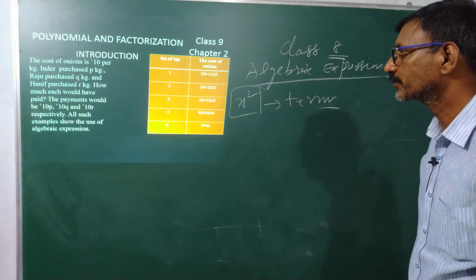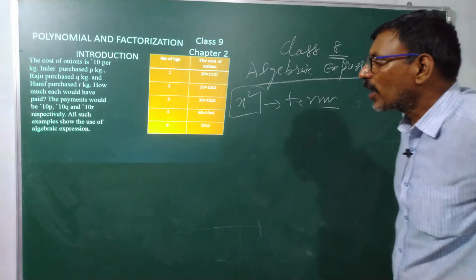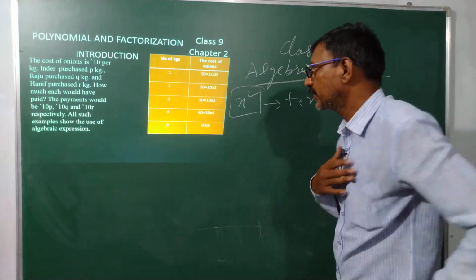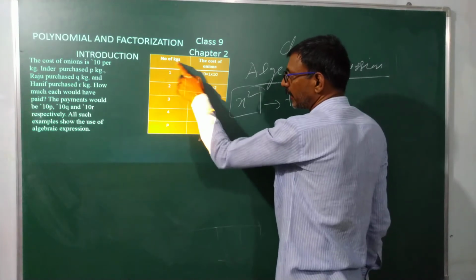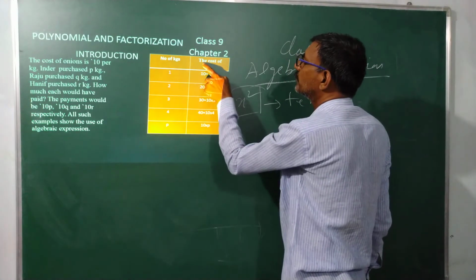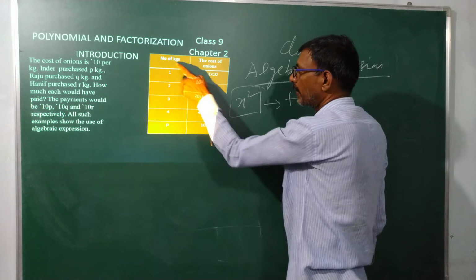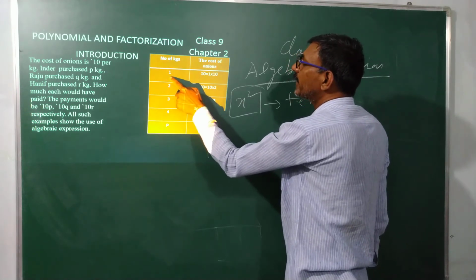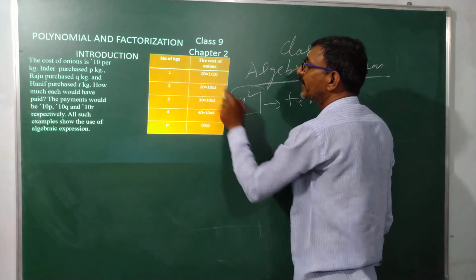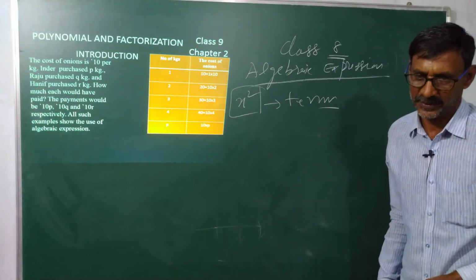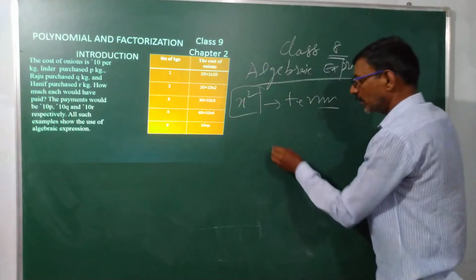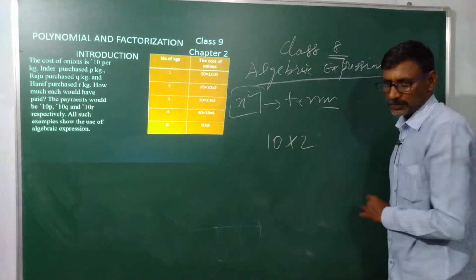See here. The cost of onions is 10 rupees per kg. See here, the number of kgs and the cost of onions. So 1 kg of onions, 10 rupees. When we take 2 kgs, 20 rupees, 10 times 2.